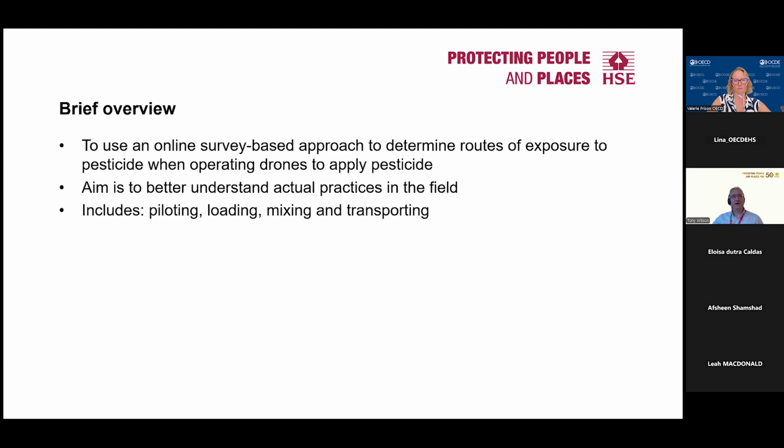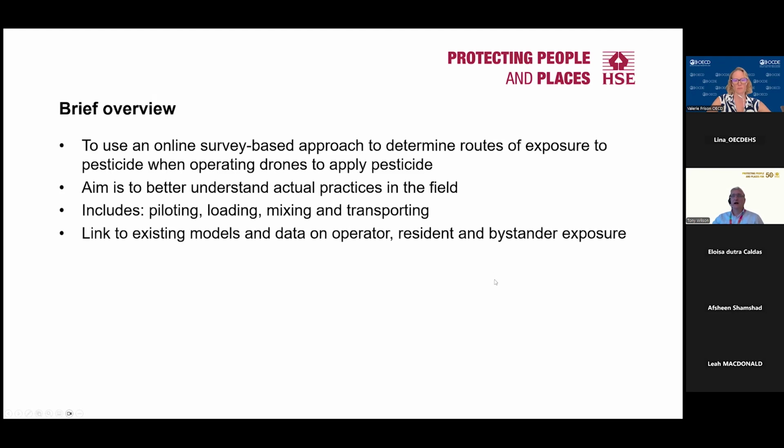This includes piloting the drone, possibly drift issues, loading and mixing, where you possibly come into contact with the pesticide, and transporting, cleaning batteries, cleaning the drone itself. All of that we need to understand a bit better. And as I said, we want to link whatever we find via the survey to existing models and data on operator, resident and bystander exposure.